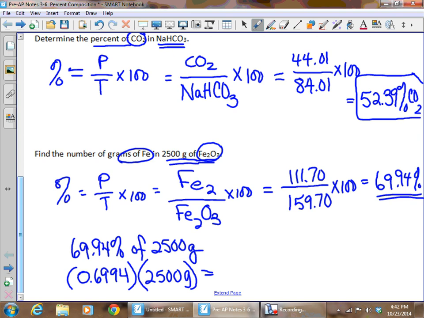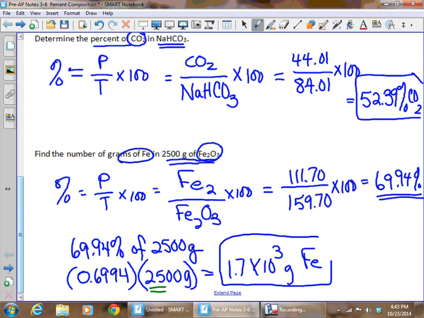Everything else is USS: units, sig figs, scientific notation. So when I work this out, I end up with 2 sig figs because there are 2 sig figs in this value right here. To 2 sig figs, I end up with 1.7 times 10 to the third grams of Fe. And that's the amount of iron in 2,500 grams of iron(III) oxide.